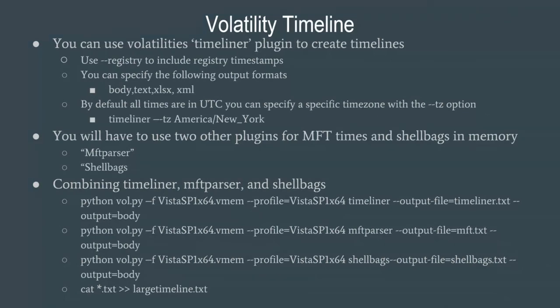Plaso log2timeline, fantastic. So when you were pointing your Plaso to this, if it finds the memory artifact, it gets these values from the Timeliner too. If not, then you have to create it. If you're just focusing on the memory piece, then you can use that Timeliner.